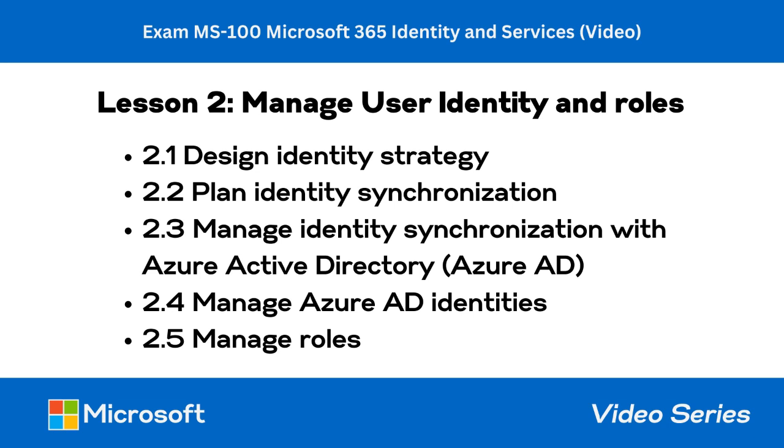Then we'll talk about managing a synchronization solution using either Azure AD Connect, which is an on-prem solution, or using Azure AD Connect Cloud Sync, which is a lightweight cloud-based alternative. After that, we'll cover planning and managing Azure AD identities and groups, and then we'll finish with a section on managing Azure AD roles, which allow you to grant granular administrative permissions to individual users and groups. Let's get started with Lesson 2.